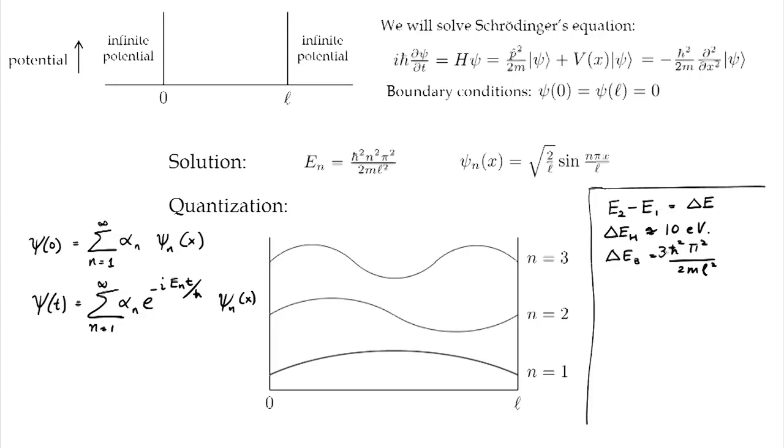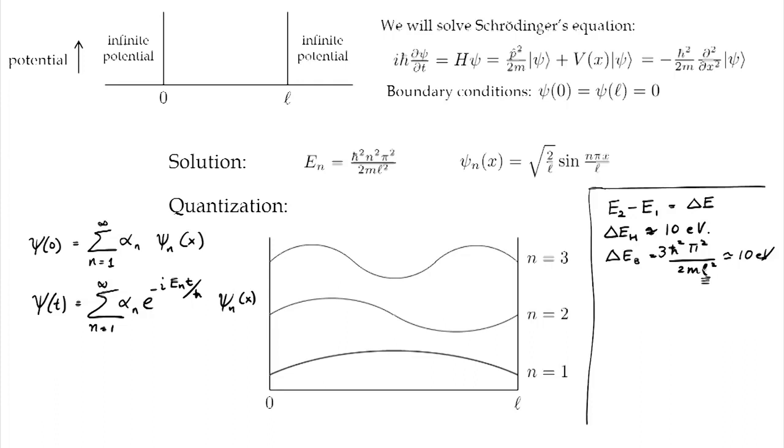Okay, so what we could do is set this energy difference for the particle in the box to be 10 electron volts, as we know from the hydrogen atom, and then ask, what is L? This would give us the diameter of the hydrogen atom. So we can substitute the values of h bar and m, the mass of the electron, and see what we come up with.